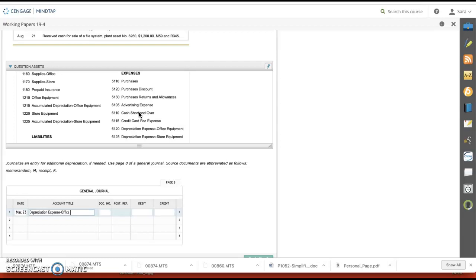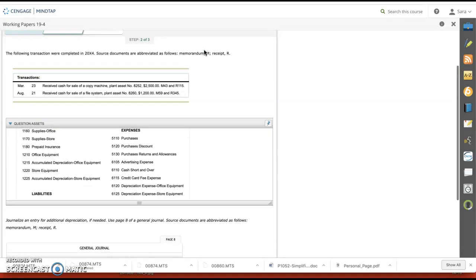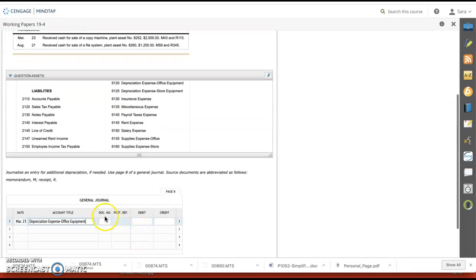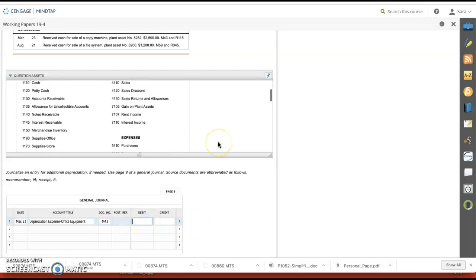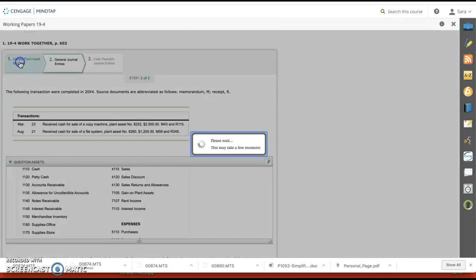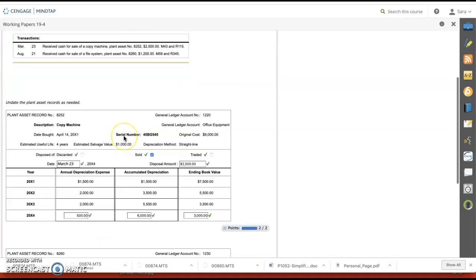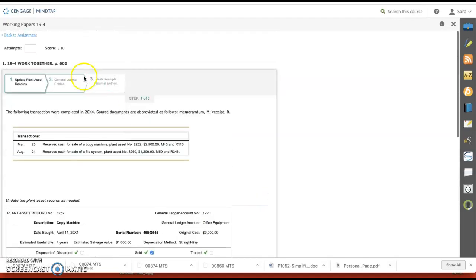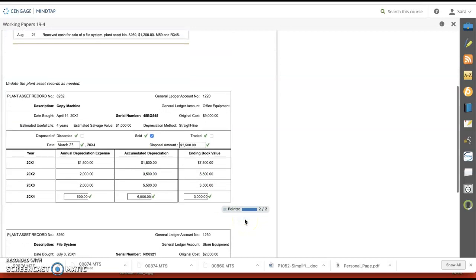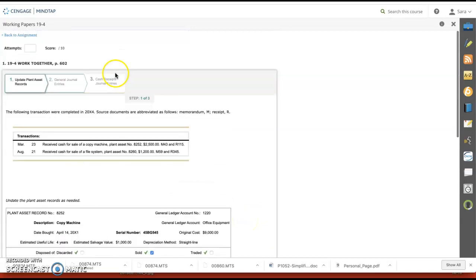I would say that's our office equipment. And that will be M43 for our document number. And then hopefully we can go back so I can see what was our amount there. So our amount was $500, and yep, so just $500 is all we need to know.